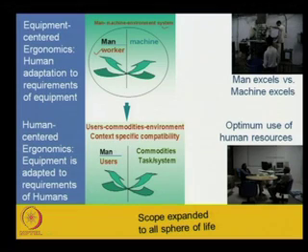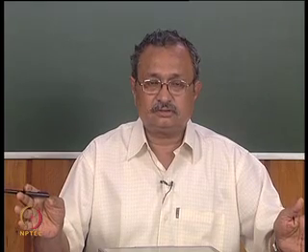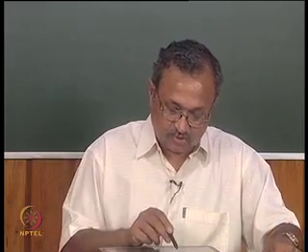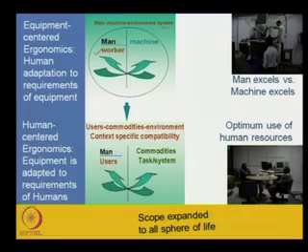And now, instead of machine, it has commodities, because not only machines, but in many items that man uses, we can say users, commodities, environment, and that is context specific compatibility, that is what ergonomics is now looking for.